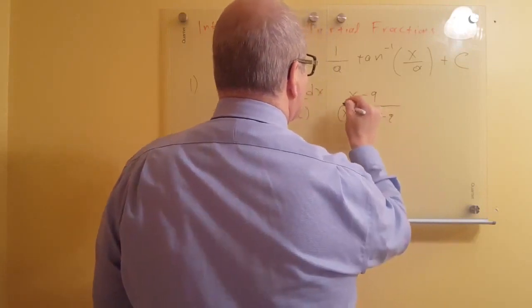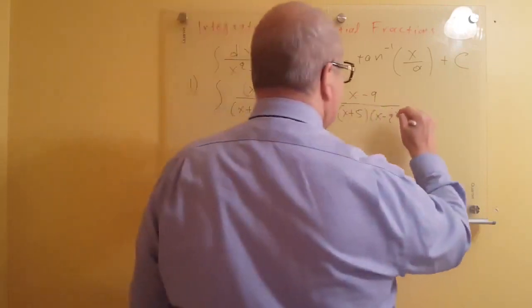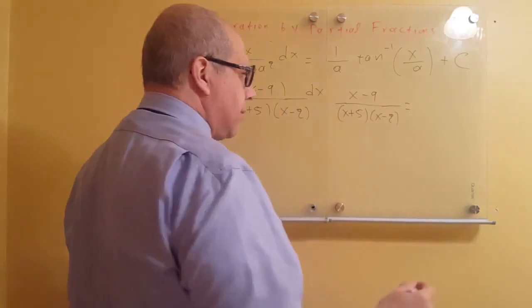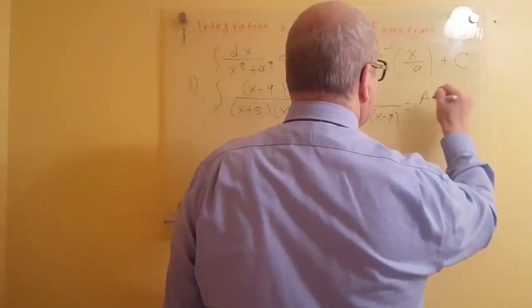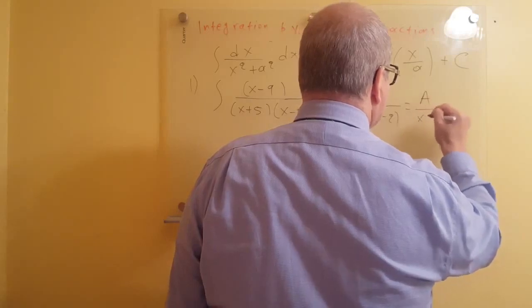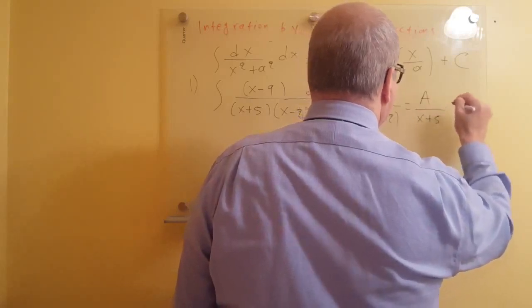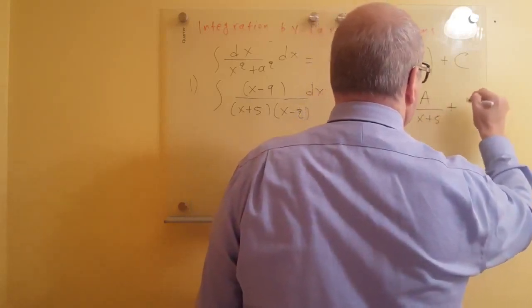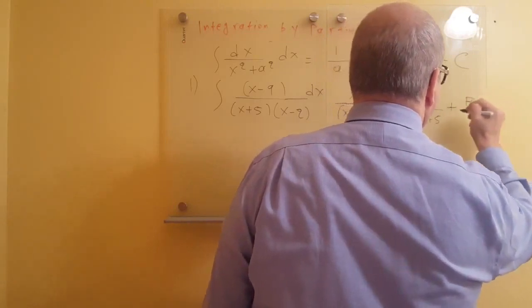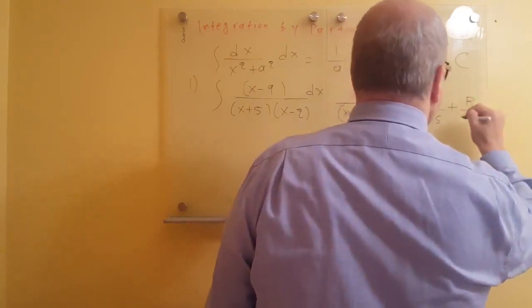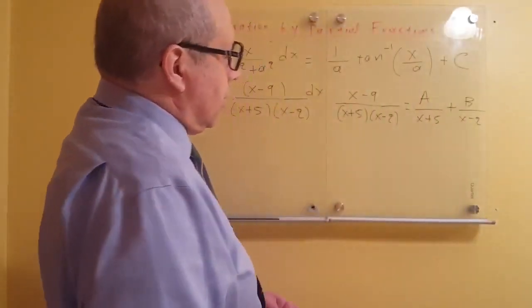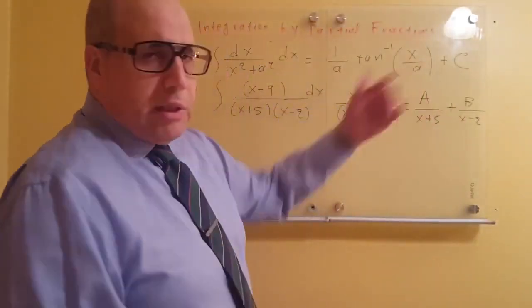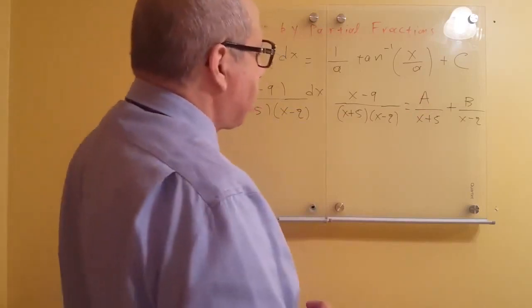As I said earlier, both of these are linear factors, so we write this as a over x plus 5 plus b over x minus 2. What we're trying to find here is a and b.